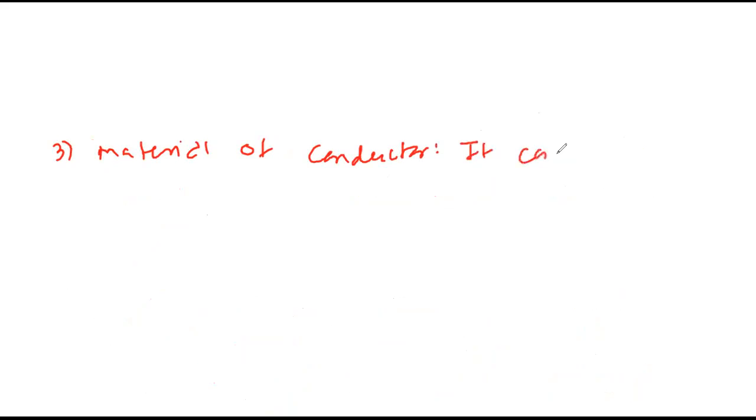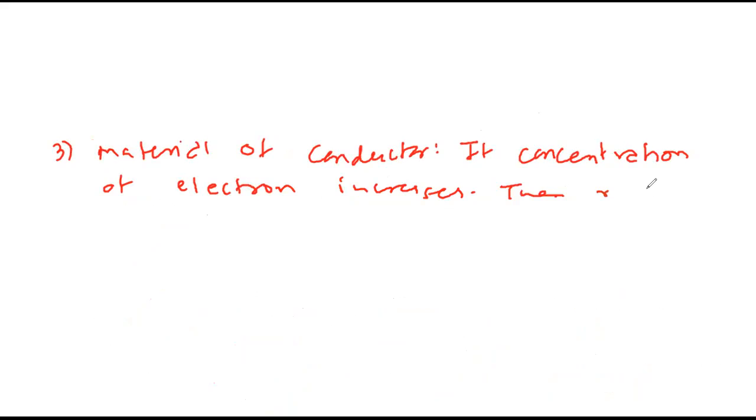If the concentration of electrons increases, then resistance decreases. So more free electrons, less resistance. Generally we feel the opposite, but more concentration of electrons has the least resistance.